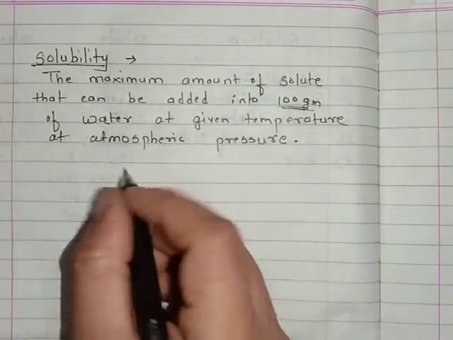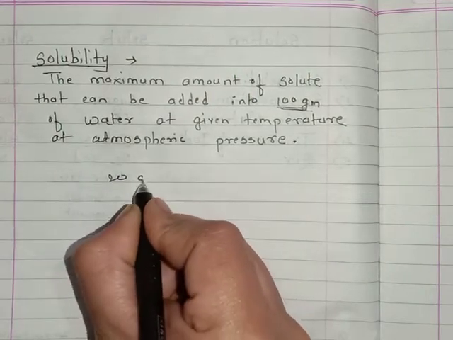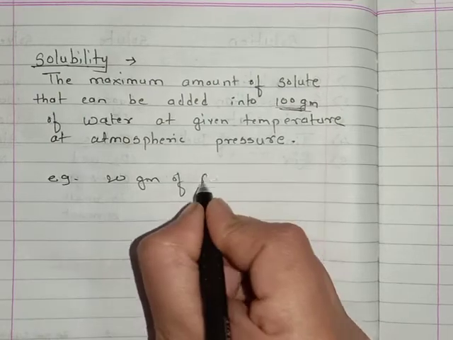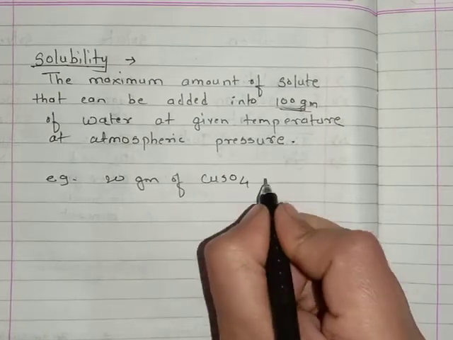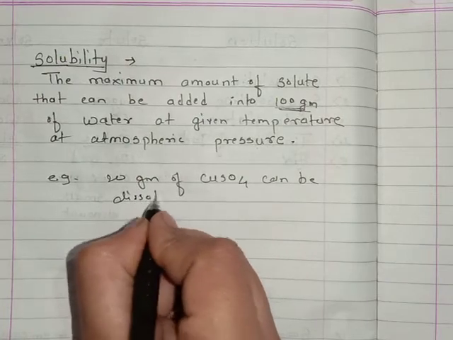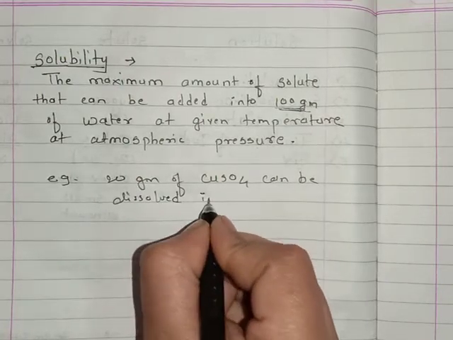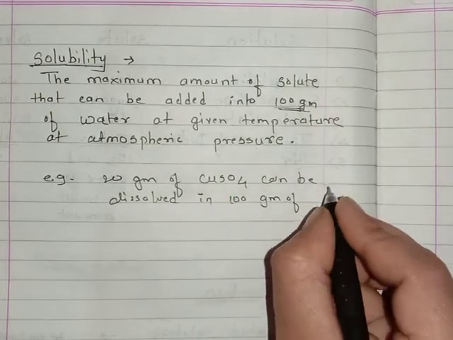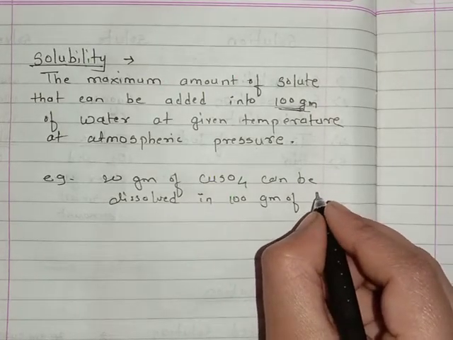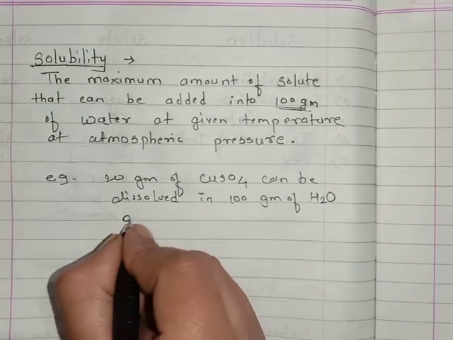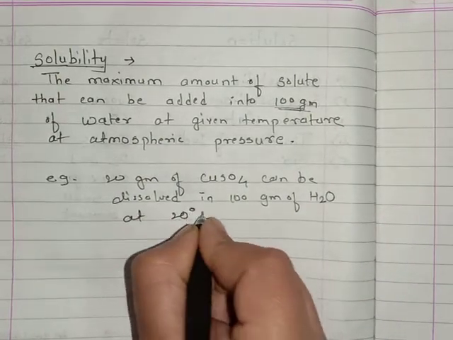For example, I told you that 20 gram of copper sulfate can be dissolved in 100 gram of water at 20 degrees Celsius.